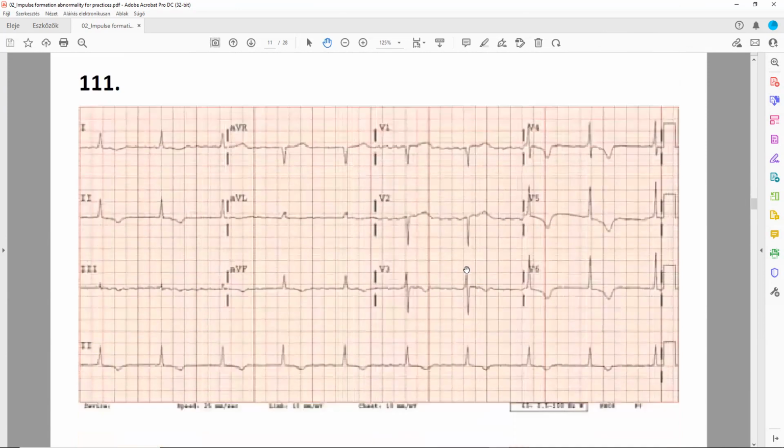Who has this one? Now that's a tricky ECG. It's for me. Okay, that's a very tricky one, and I hope you figure it out. I'm not sure, but it's rhythmic, and the heart rate is 60, and there is no P wave.